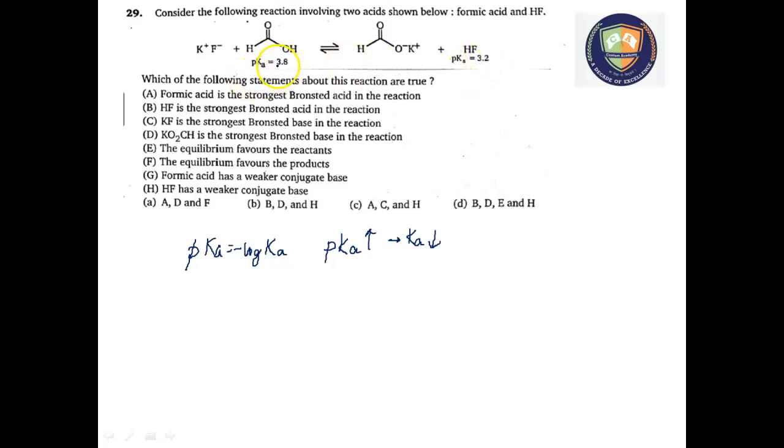As formic acid has the higher pK value, it will be less acidic. It will not easily lose its proton and give it to KF.